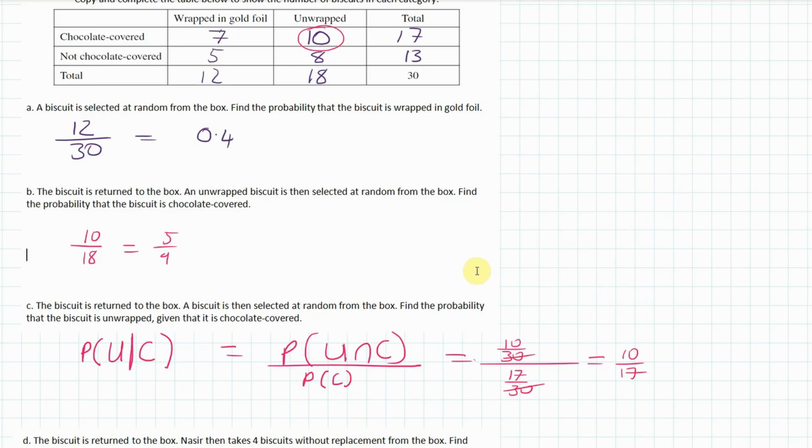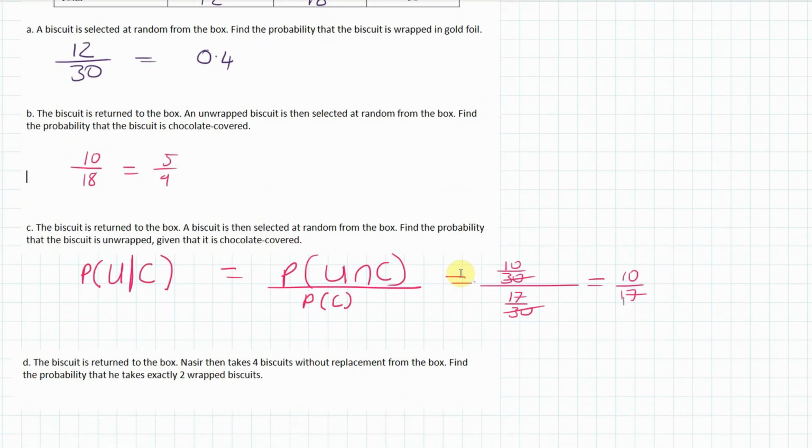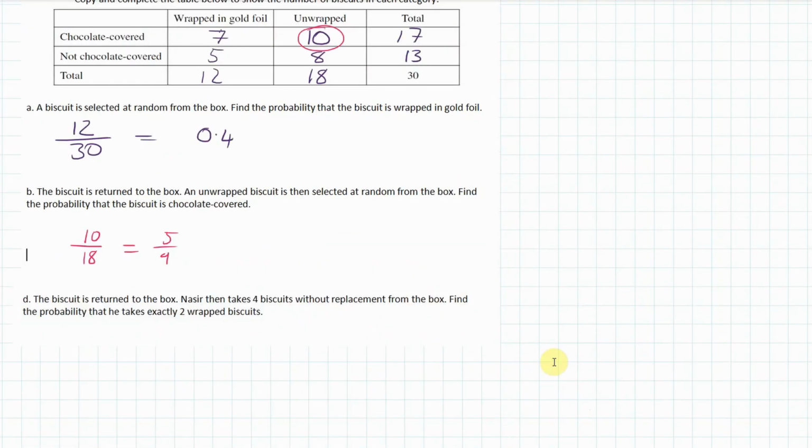Now the biscuit is returned to the box, and Nasir takes 4 biscuits without replacement from the box, and you've got to find the probability that he takes exactly 2 wrapped biscuits. Okay, so the biscuit is returned to the box. So you know he's got to take wrapped biscuit, unwrapped. Okay, that's what you want.